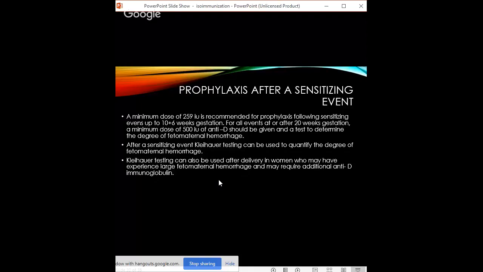From 12 weeks up to 19 and 6 days, 250 is what you give. Beyond that, it's 500. Of course, this is in places where you get vials with those sorts of quantities. Here in Barbados, we get 1,500 international unit vials only.